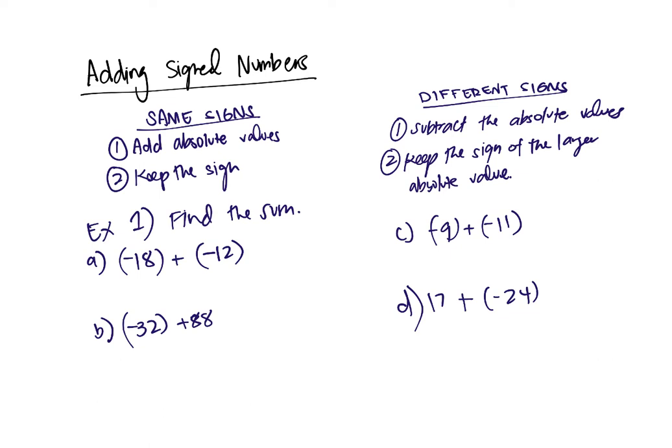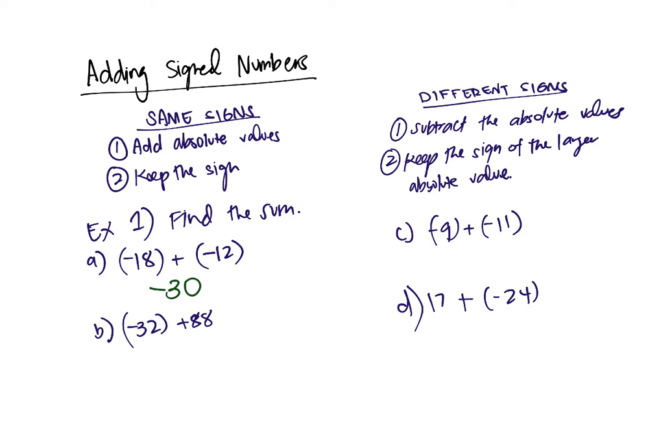To add these two, what I'm going to do is add their absolute values, which are 18 and 12. So that's going to be 30. And I'm going to keep the sign. Since they both are negative, my sign is going to be negative.